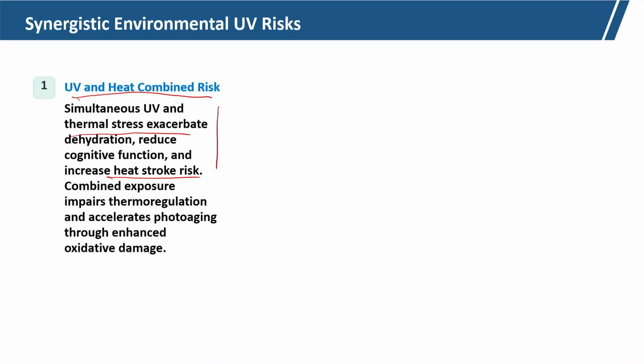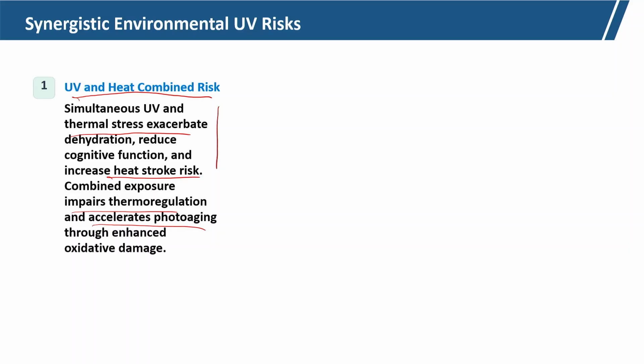Okay. So, combined exposure impairs thermoregulation and accelerates photoaging. A person exposed to UV and at the same time in hot places has their thermoregulation affected, along with accelerated photoaging.